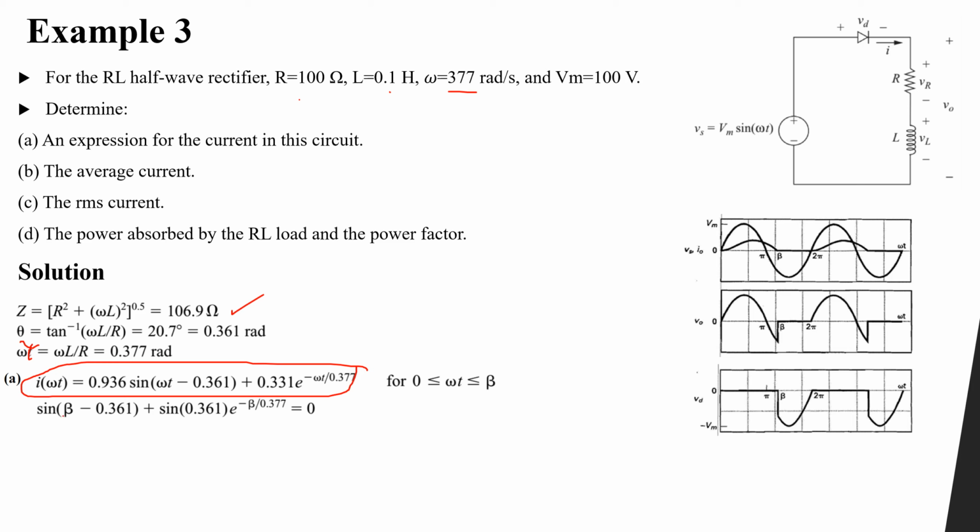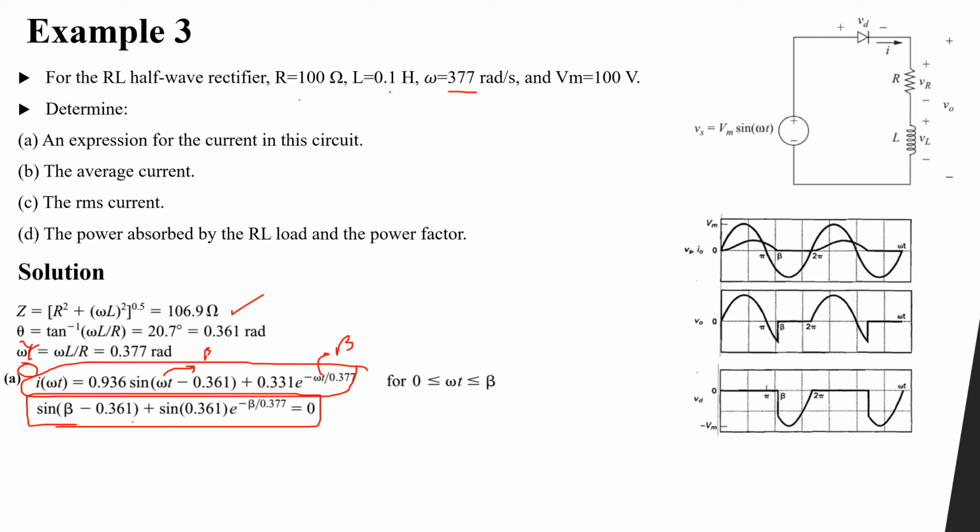To get the value of beta, we use the condition when the current is equal to 0 at omega t equal to beta, which gives an equation similar to the one we discussed in the previous lesson.